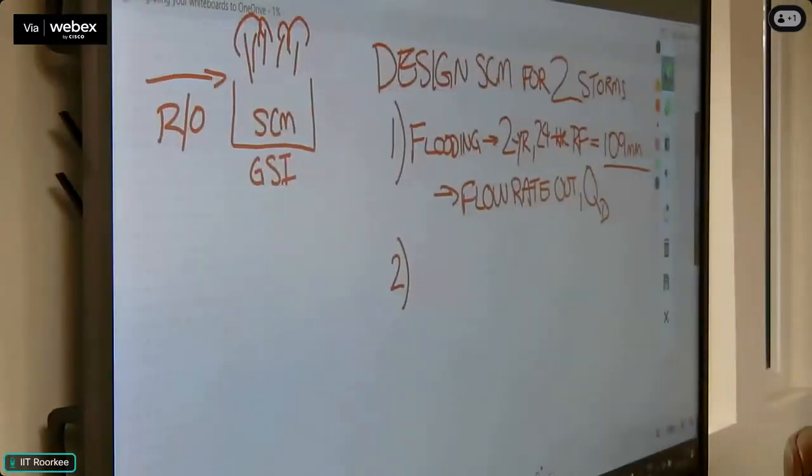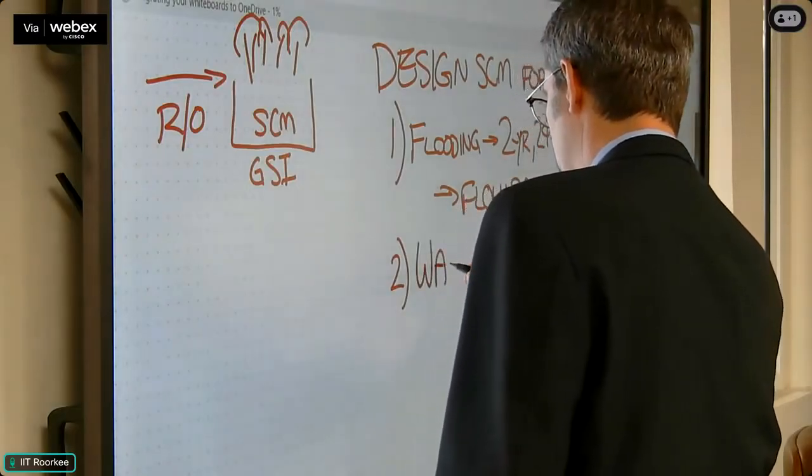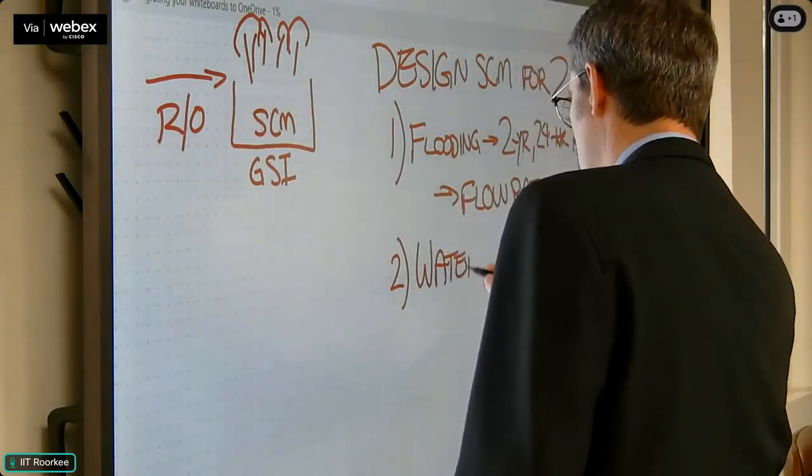There were two different ways of trying to calculate it. One was to literally rank every storm, look at the 80 percentile storm, which was 17 millimeters, or look at a little larger storm, but all of it is based on the water quality storm, okay?